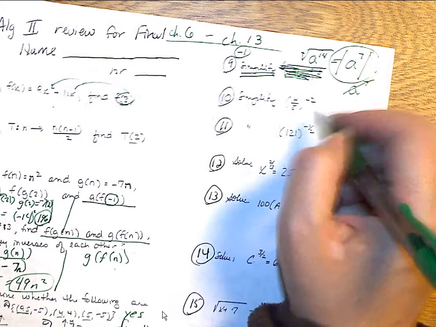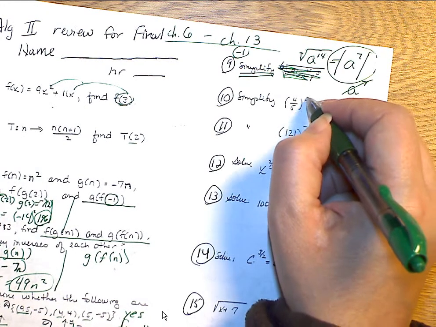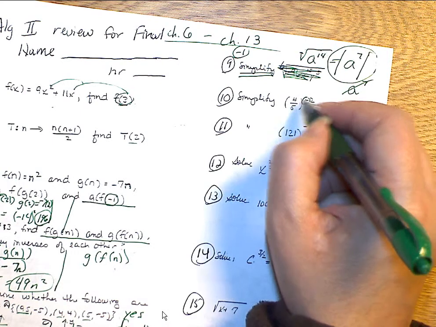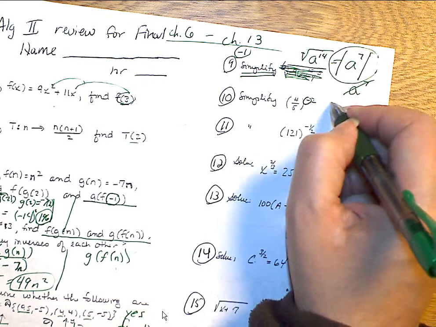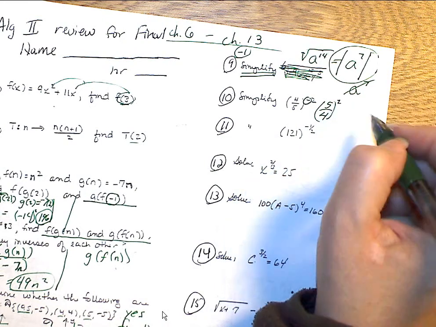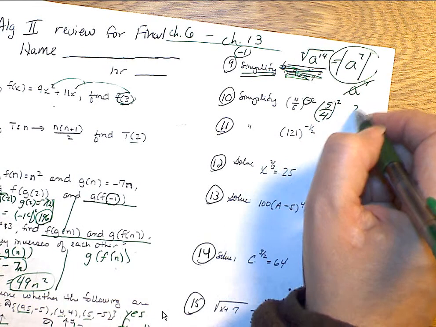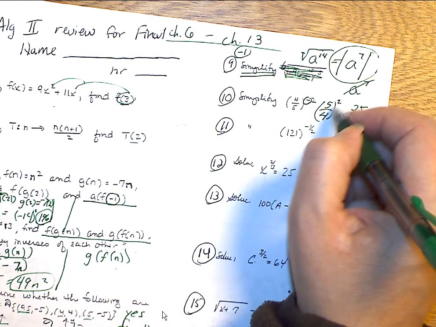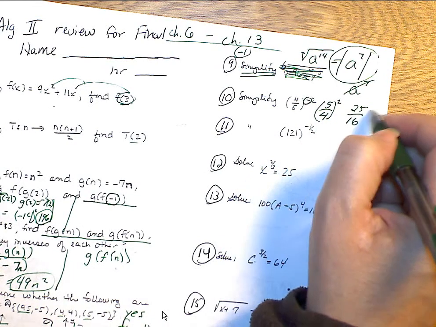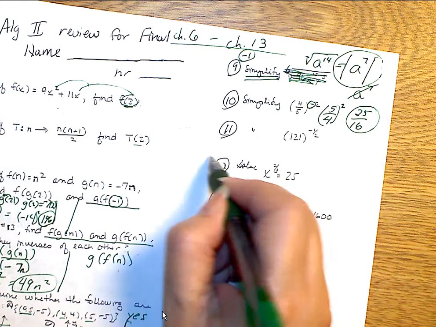However, if you don't have a calculator that has a fraction, you need to remember that the negative flips them so it goes 5 over 4, and then everything's still squared. So then 5 squared is 25, and 4 squared is 16. I'll leave you with 11 to do.